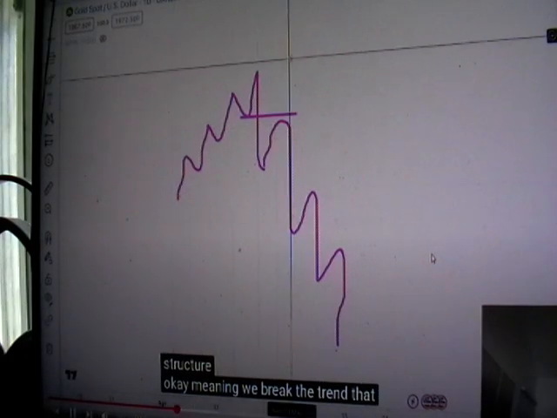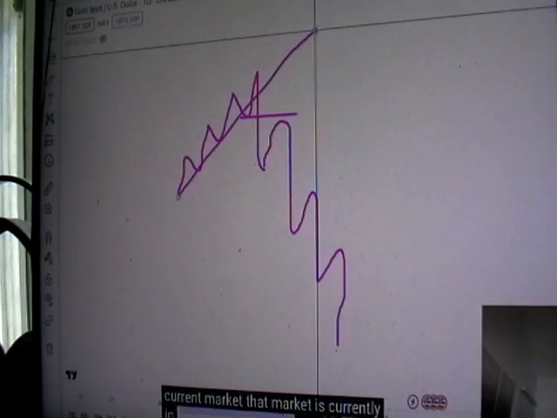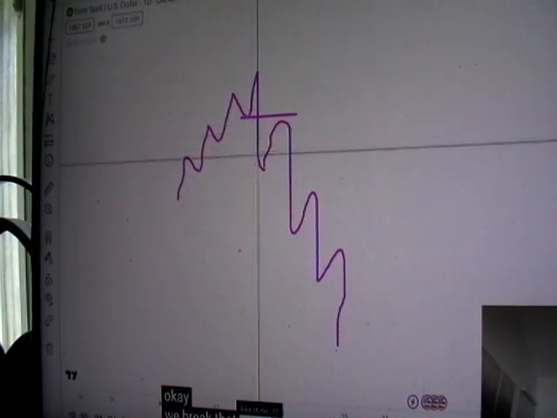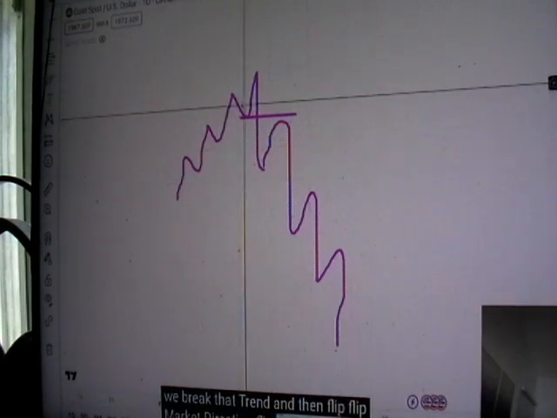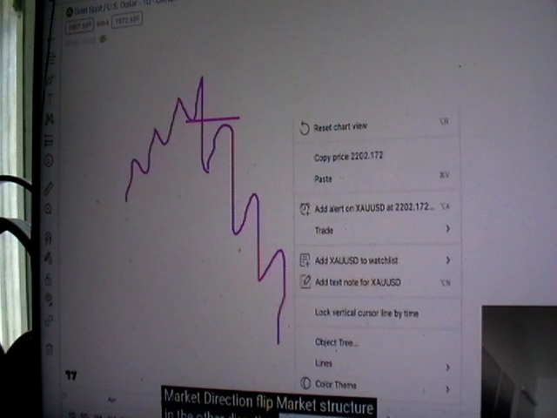Meaning we break the trend that the market is currently in. We break that trend and then flip market structure in the other direction.